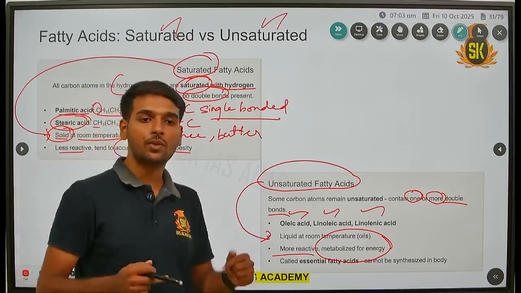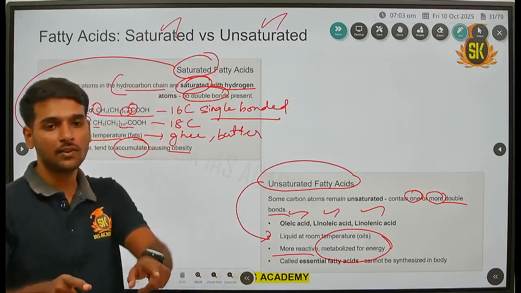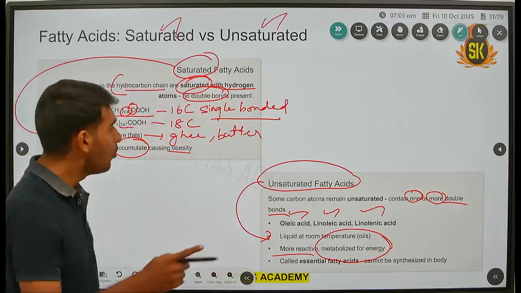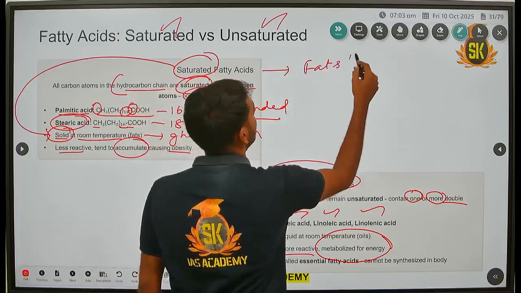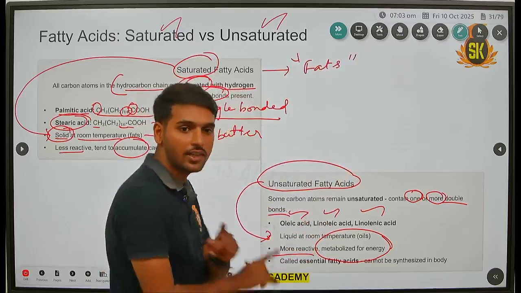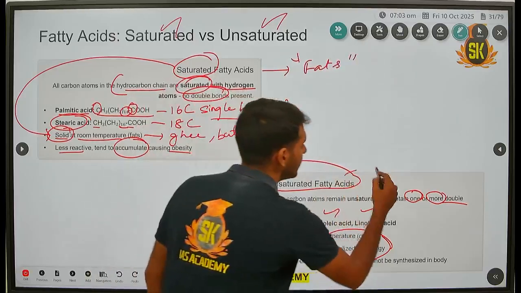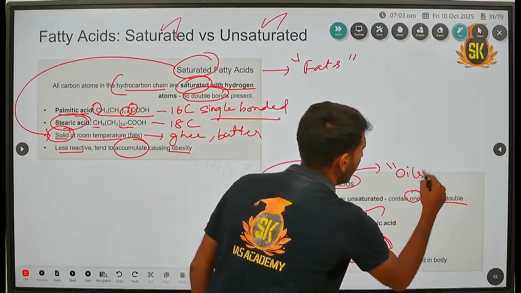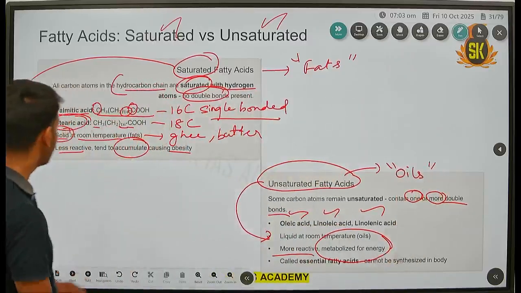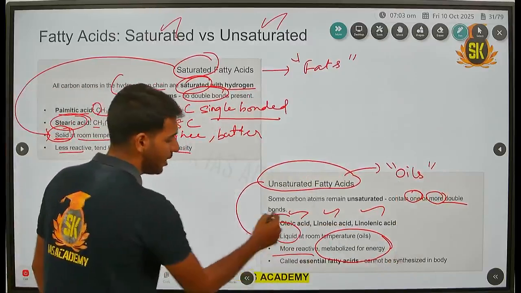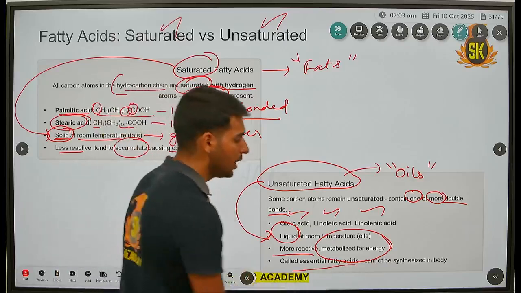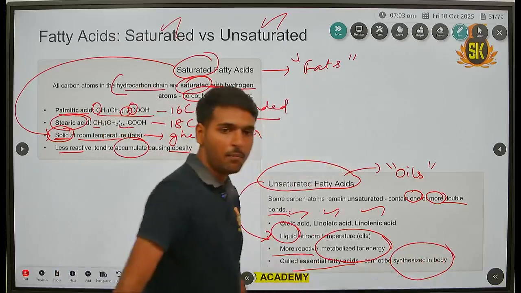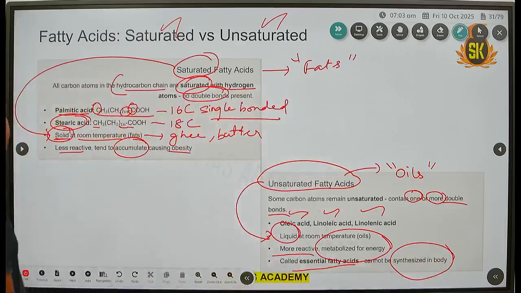Doctor advises to always consume what type of oils? Unsaturated. Moreover, saturated fatty acids are considered to be fats, but unsaturated ones are not fats at all, they are oils, because one is a solid and the other is a liquid. They are called essential fatty acids because they cannot be synthesized within the body. Got it? So this was the difference between the saturated and the unsaturated part.